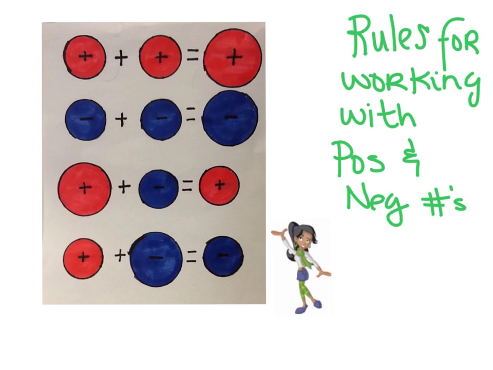The opposite is true for the last example. The two numbers we're trying to combine are a positive and a negative, but in this instance, the negative circle is larger, which means the answer would also be negative. We're going to apply these rules today when we go through the notes on your handout.